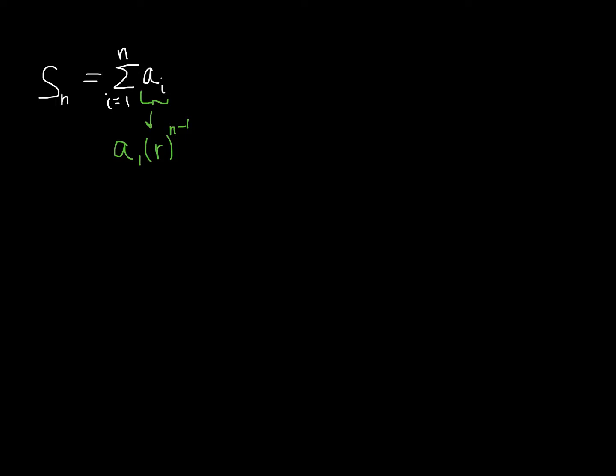And so the way that we can define this is that this is the sum from i equals 1 to n of a sub 1 times r to the i minus 1. If you think about this, this is just each term in the sequence. When i is 1, we have a sub 1 times r to the 0, which is 1, so that's the first term.